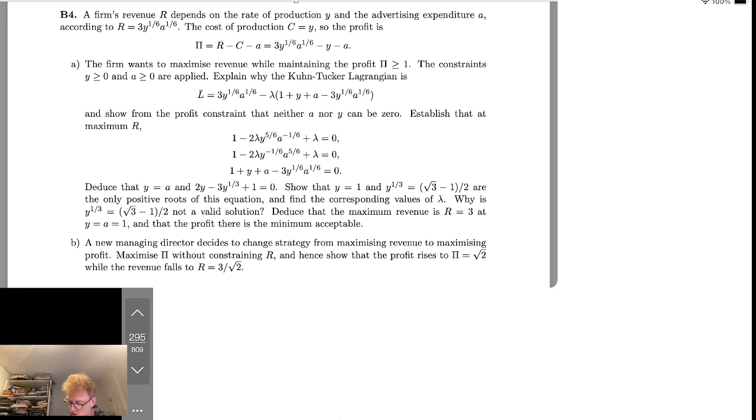So in B4B, we have a different strategy. We're not constraining R or rather pi. Well, we're not constraining R via pi.